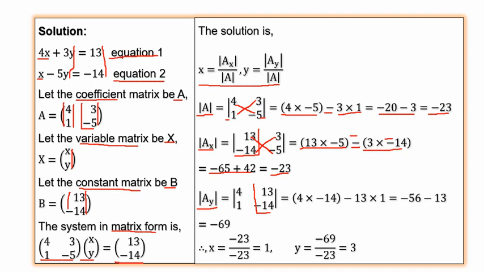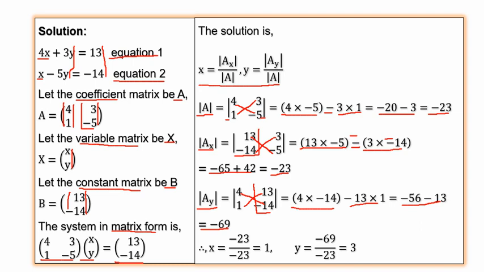For the determinant, you take the difference of the products of the two diagonals. We start with the main one, that is 4 times minus 14, then minus 13 times 1, and that is minus 56 minus 13. When you subtract, you have minus 69.